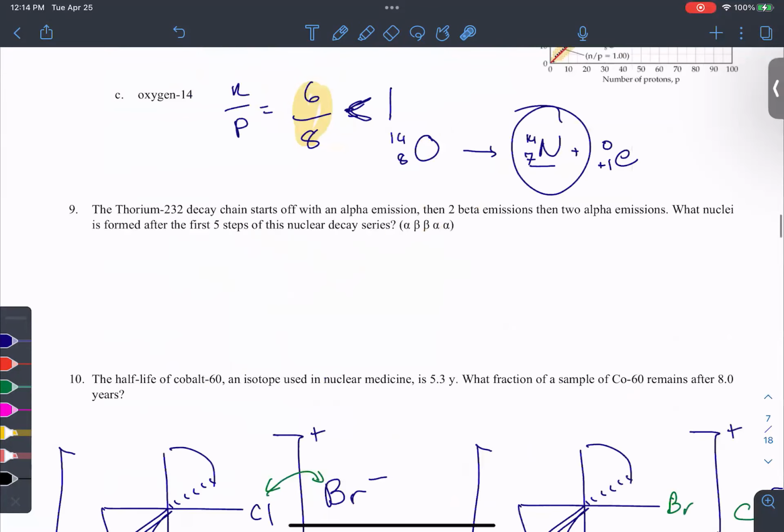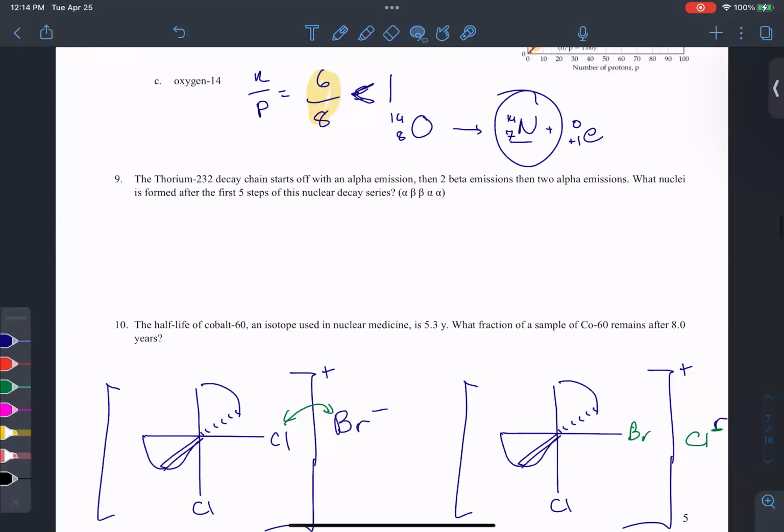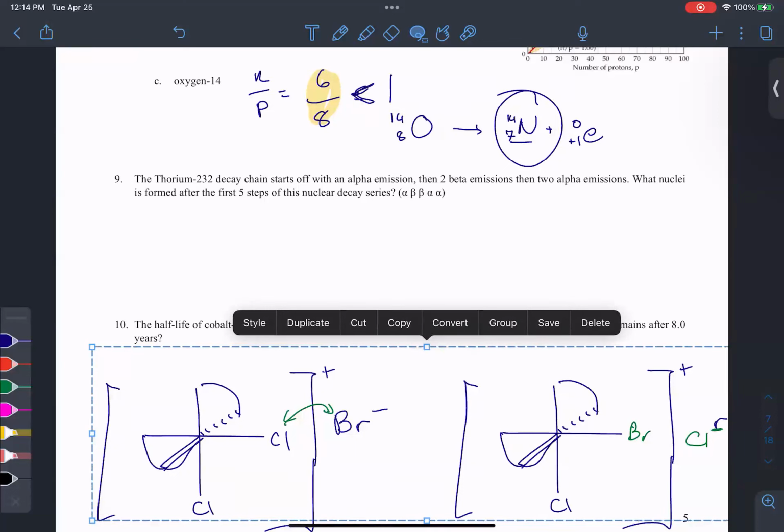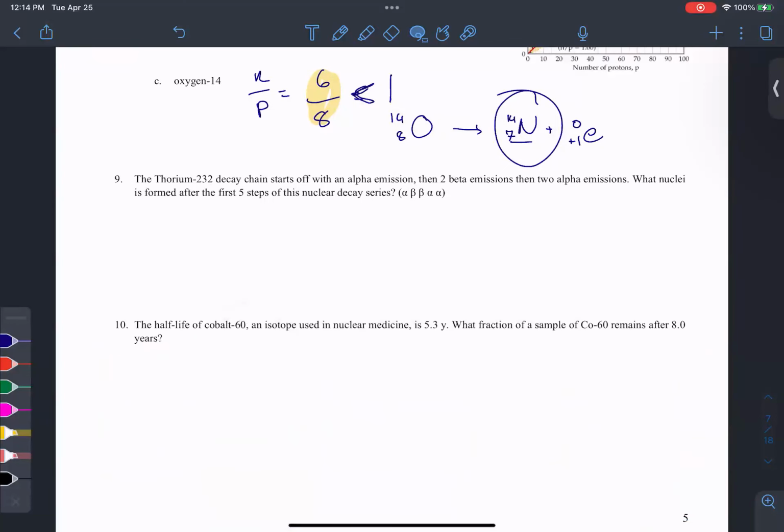All right, so let's keep going. Let's talk about decay chains. Just because something's unstable, just because it's radioactive, doesn't mean that when it decays, it automatically becomes stable. For some substances, multiple decay modes will happen before it becomes a stable nucleus, typically something lighter than bismuth.